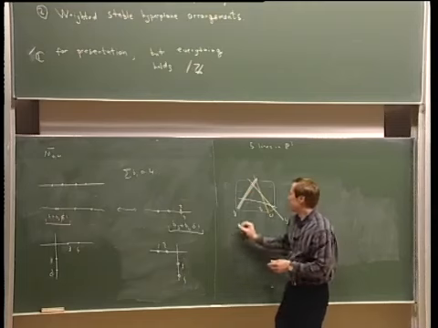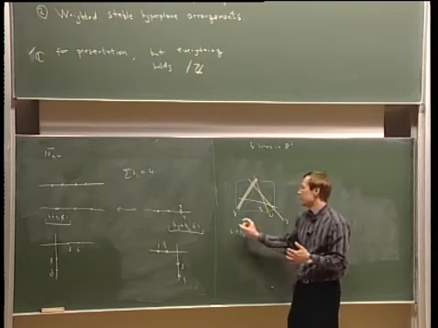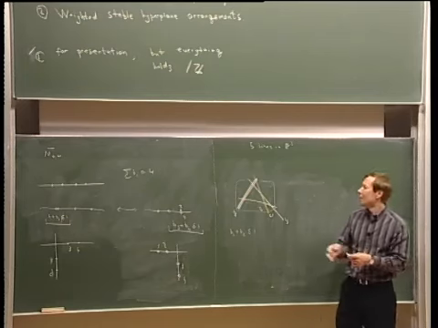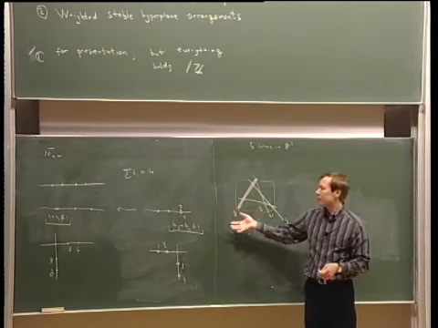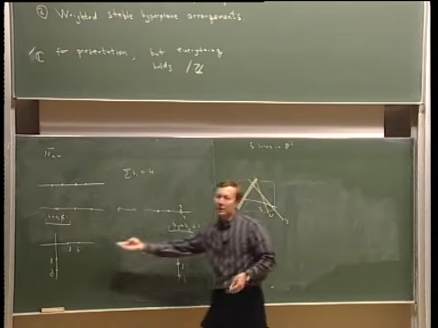So the condition for being log canonical here is that B1 plus B2, the sum, should be less or equal than 1. And if the weights are bigger, then this is not log canonical. Something has to happen.